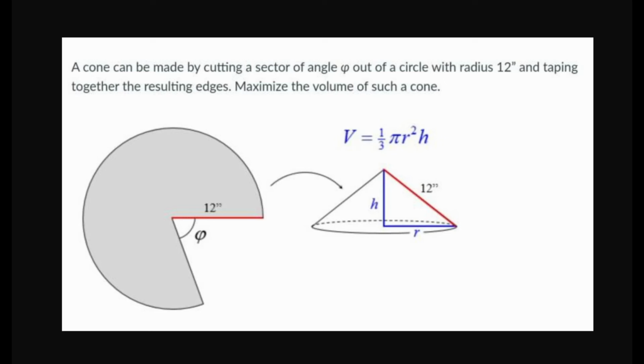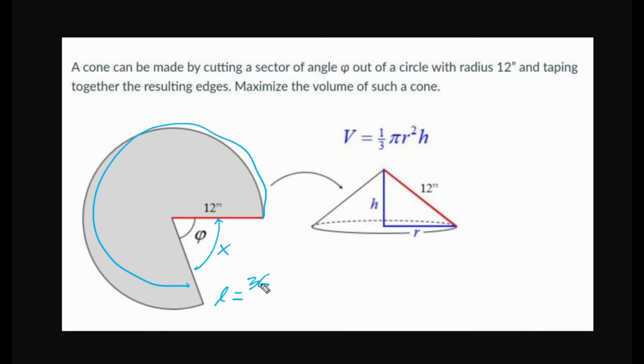It's a maximization problem. So you're cutting out this part of the circle. We'll call it X since we're not in Greece. That means that arc length is going to be a certain ratio of the circumference.